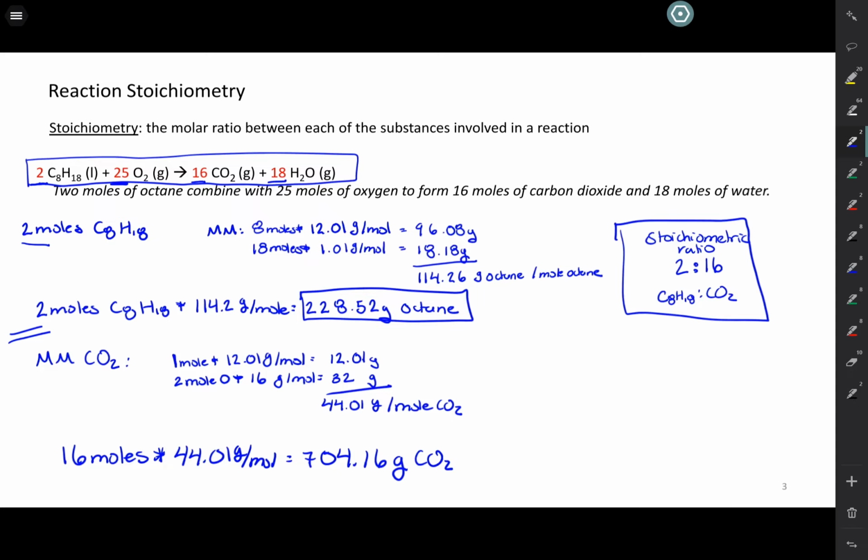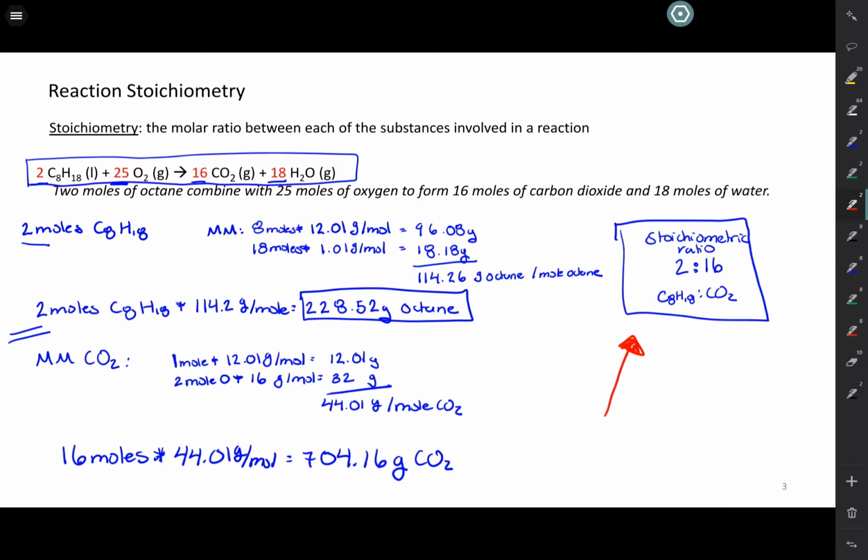Okay, but what if I started with an amount of octane other than 228.52 grams? What if I started out with 200 grams or 500 grams or 20 grams? Could I use the same rationale to figure out how many grams of CO2 I would make? Absolutely, because the stoichiometric ratio is always the same.